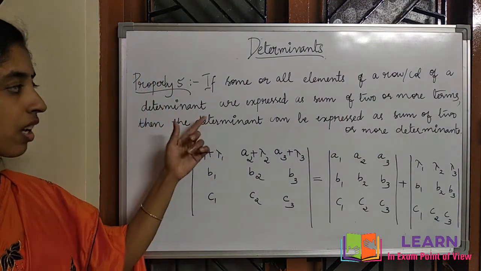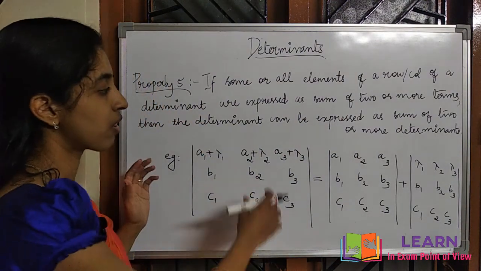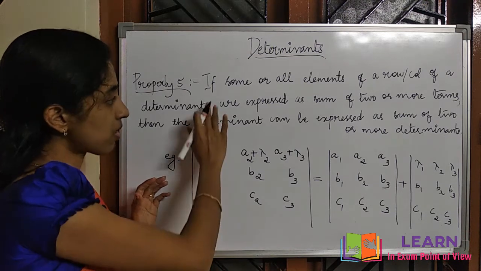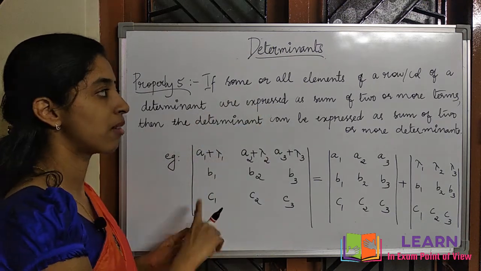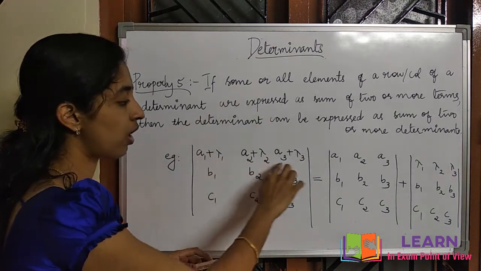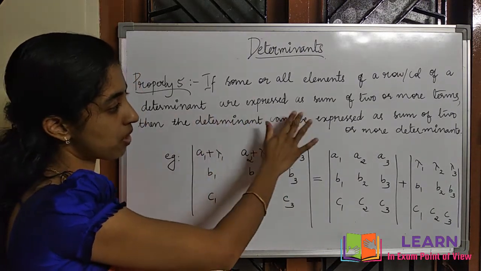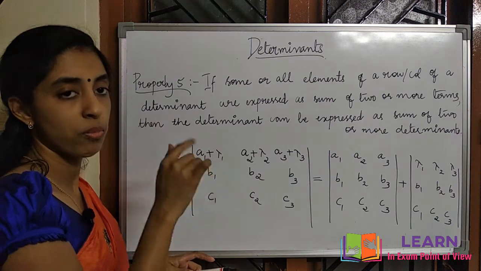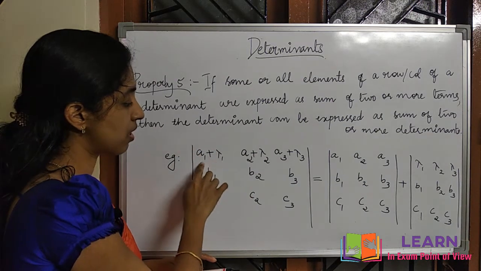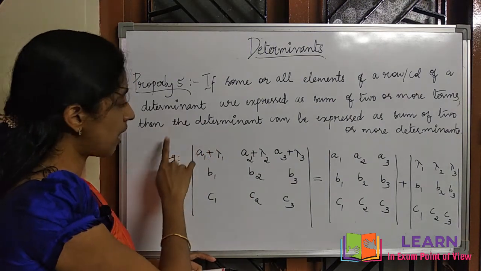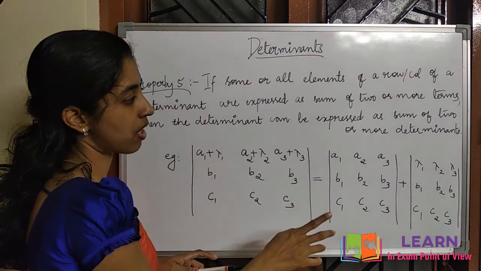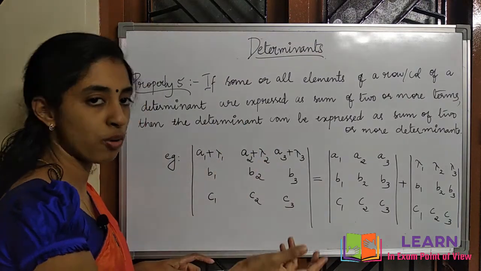Now once again we can read property 5. If some or all elements of a row, here all elements of this row, are expressed as sum of two or more terms, here two terms, then the determinant can be expressed as sum of two or more determinants.